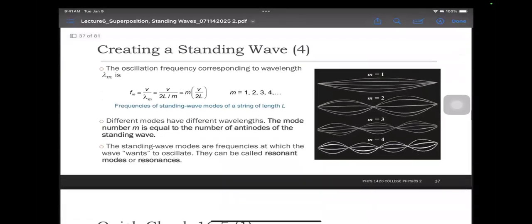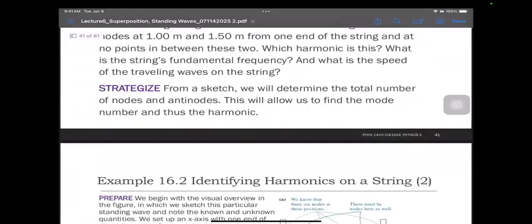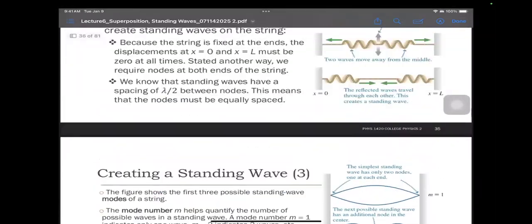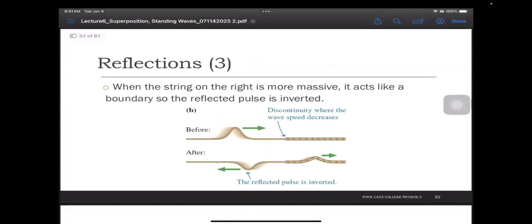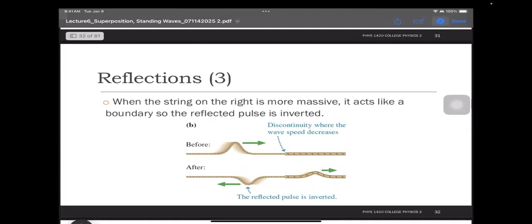A small loop meets a big loop, and then it will generate a forward wave and a backward wave.